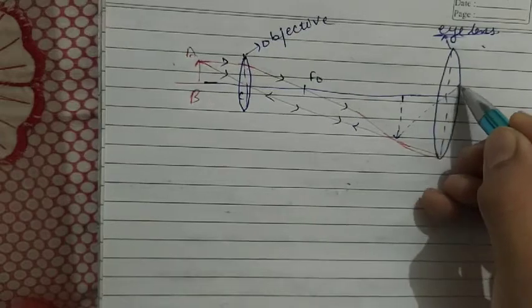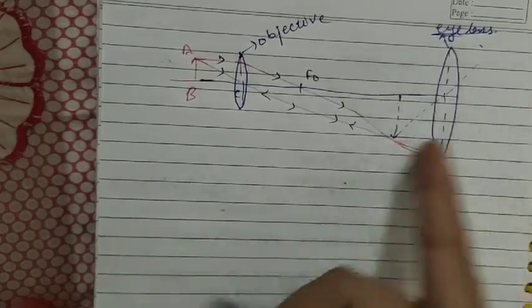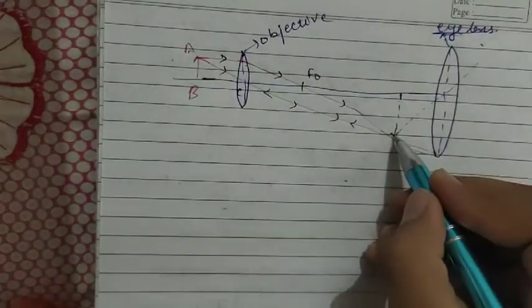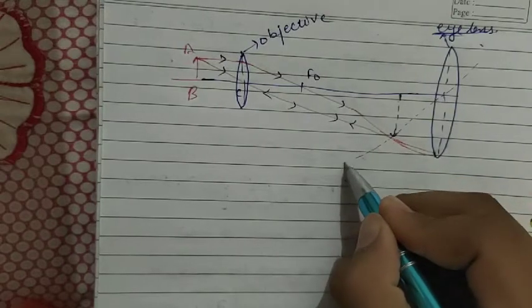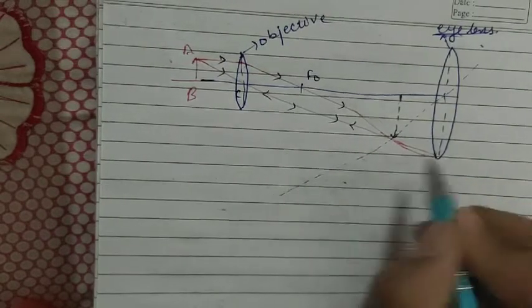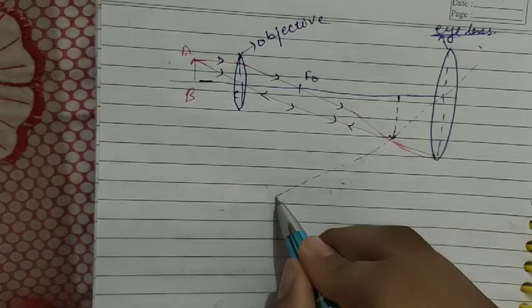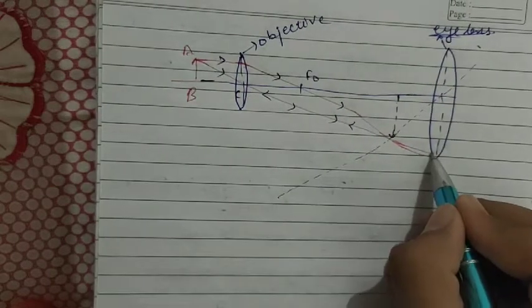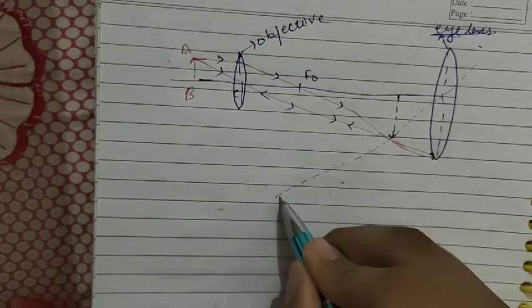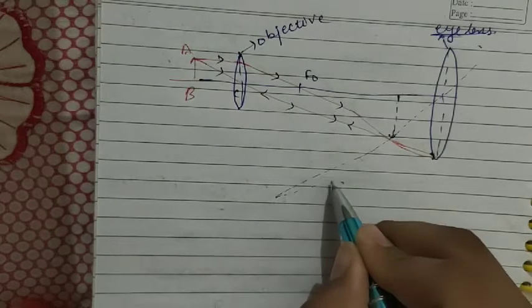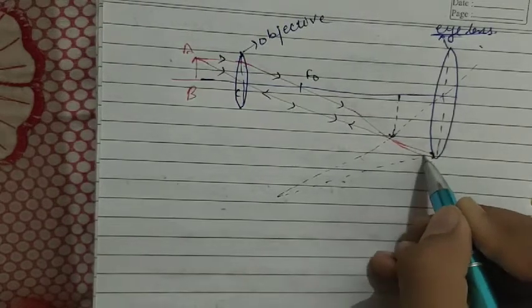A ray from the center strikes and refracts back through the center. A ray from this point and another from this point also strike this surface.